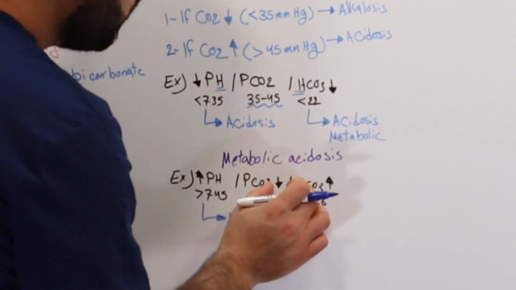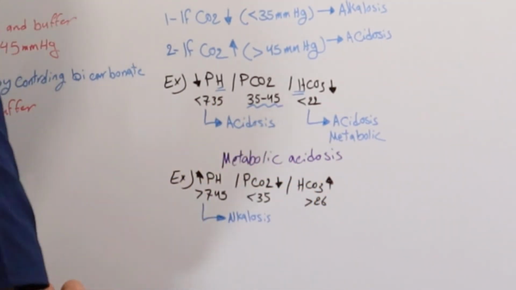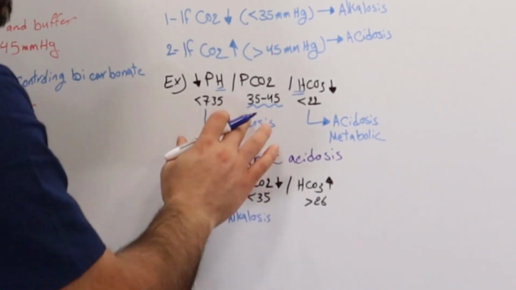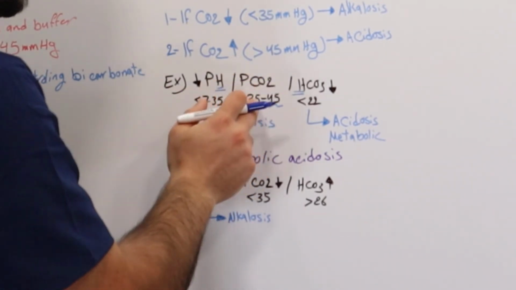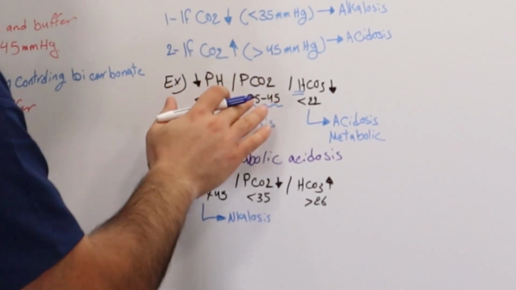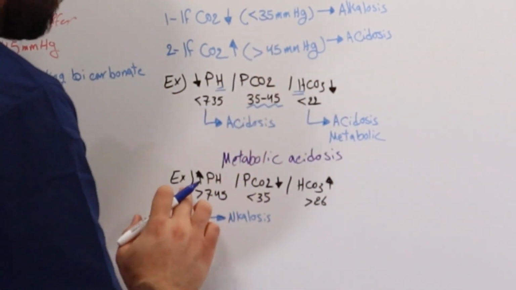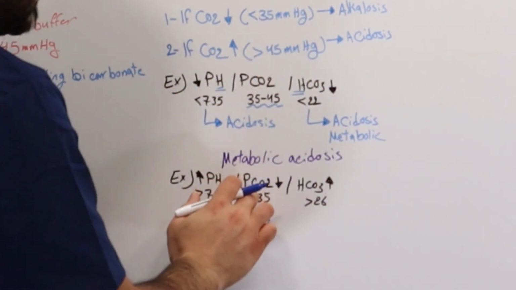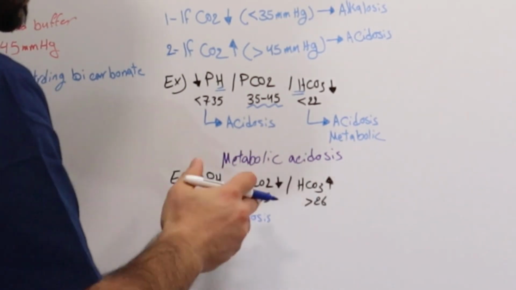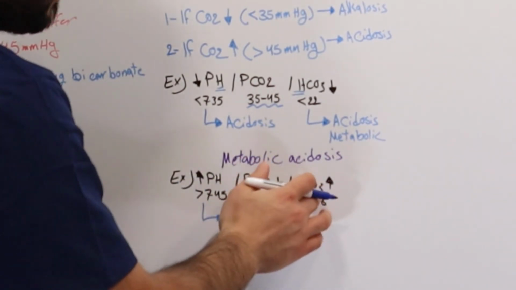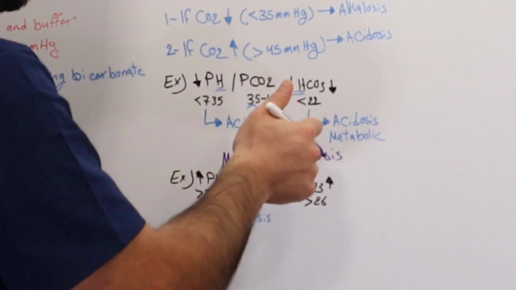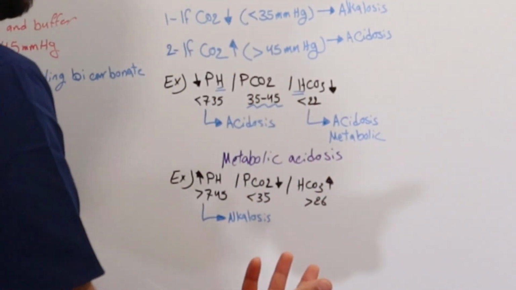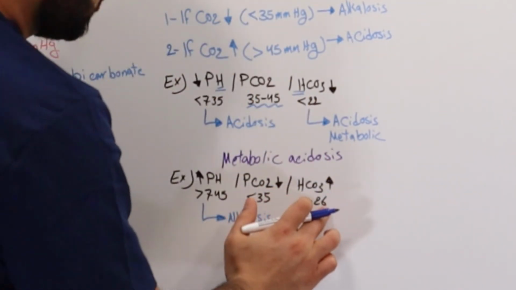We're trying to see which of them is actually matching the pH. In example number one, because CO2 was normal, we did not even look at that. But in example number two, CO2 is decreasing, which is abnormal. And bicarbonate HCO3 is increasing, which is also abnormal, and it's larger than 26.